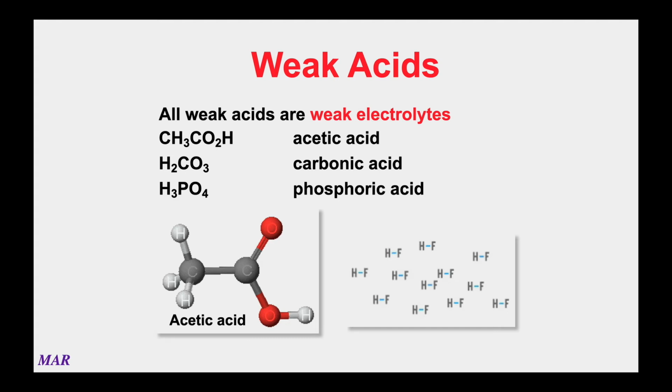So acetic acid, carbonic acid, phosphoric acid, we'll see lots of them. Hydrofluoric acid in the lower right corner is another example of that. So again, weak acids aren't as strong as strong acids. That's because they are weak electrolytes. Not all of the H plus breaks up from the rest of it, so you don't have as much H plus running around.